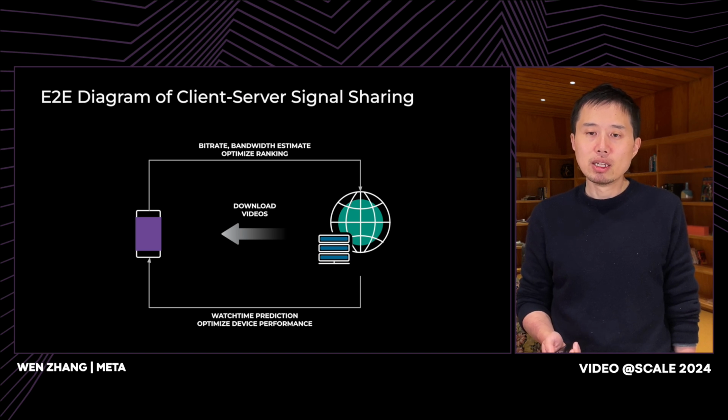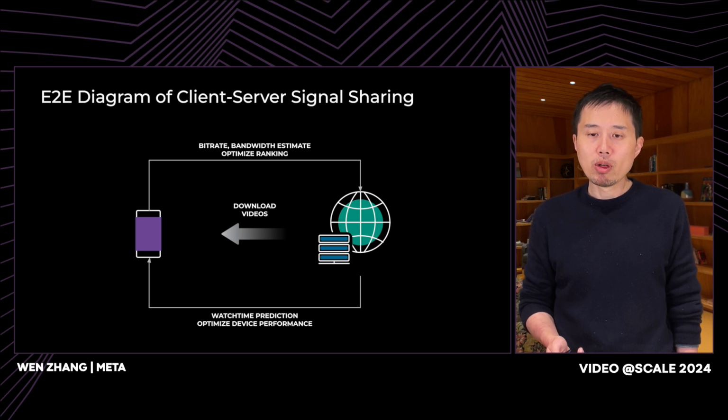Conversely, the server is sending signals like predicted watch time back to the client. And then the client can decide the optimal video streaming strategies, such as the amount of prefetch size, by leveraging those ranking signals. In addition to predicted watch time, there are more interesting signals to leverage.